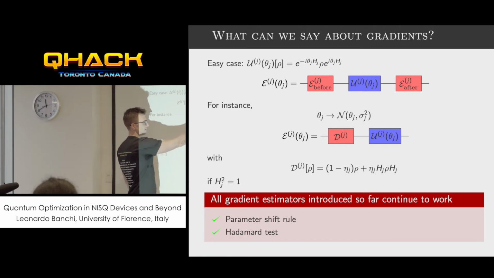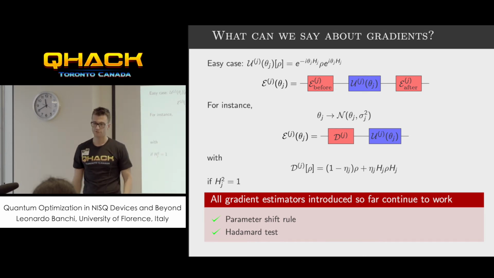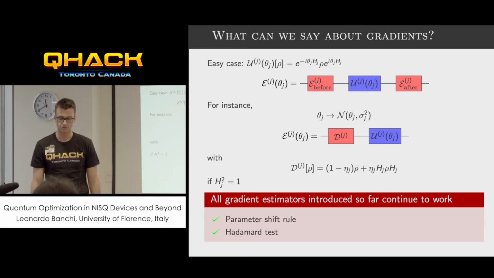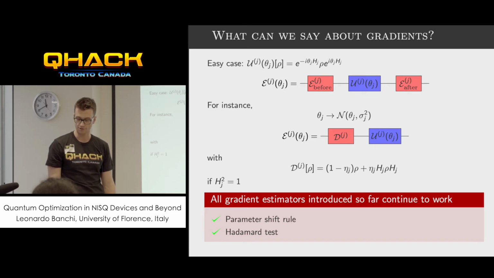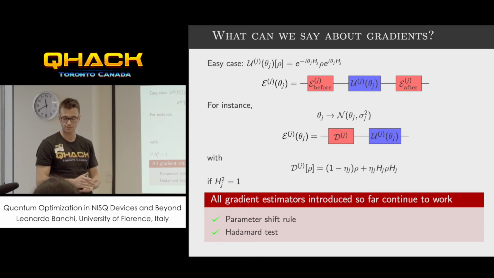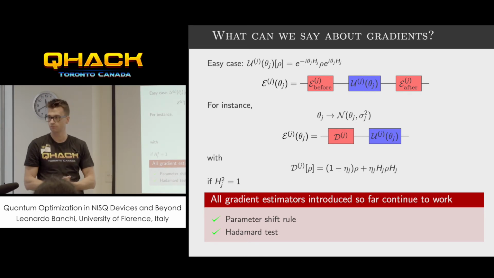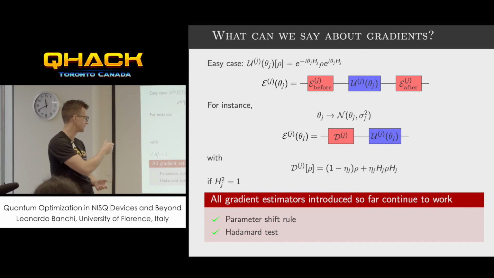If this fluctuation follows a Gaussian distribution, then you can integrate over the noise and go back to this picture. So if this sort of noise is the dominant source of noise in your experiment, then everything basically works. You can write gradient estimators using the parameter shift rule or a Hadamard test and so forth.